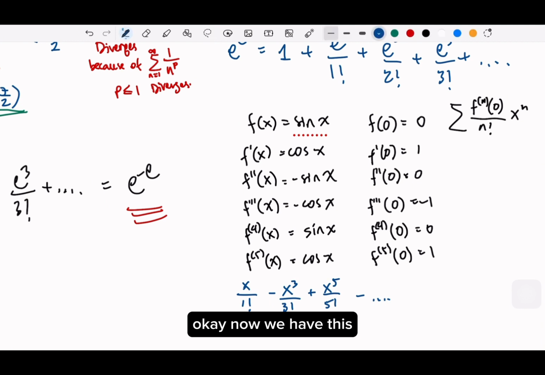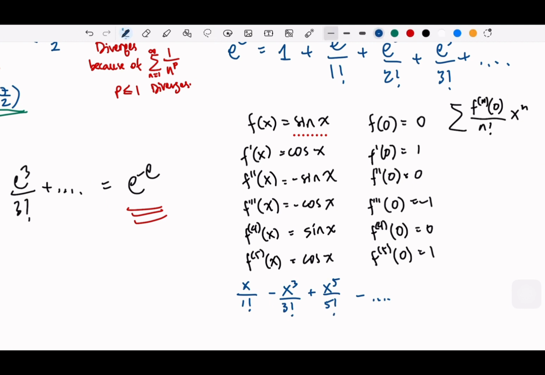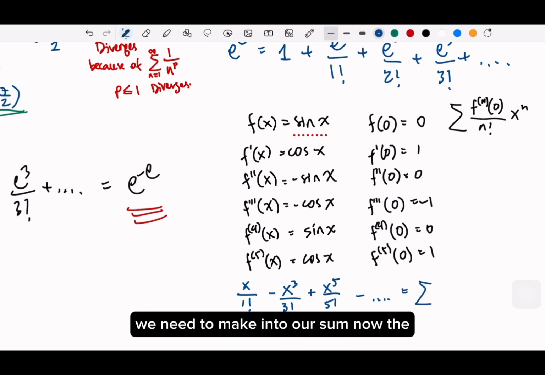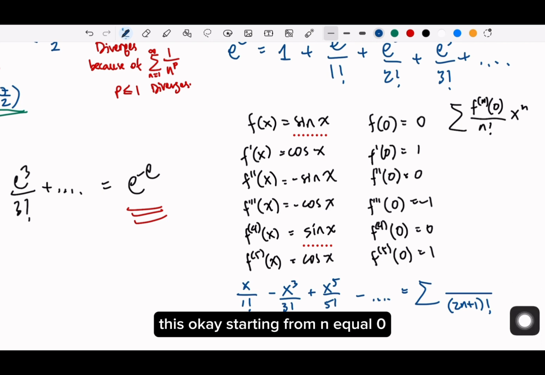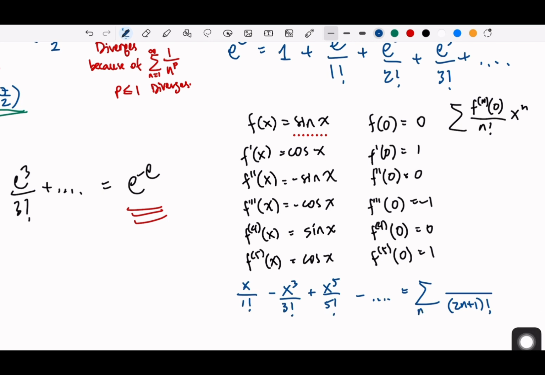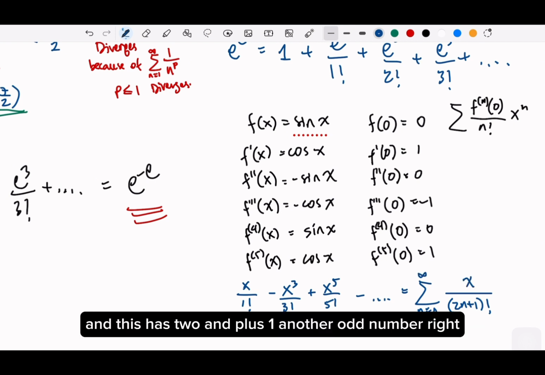Okay, now we have this. We need to make it into our sum. The bottom has an odd number, starting from n equals 0, and this has 2n plus 1, another odd number.